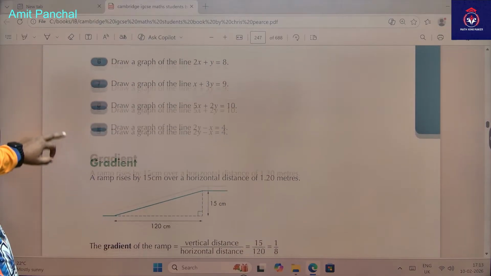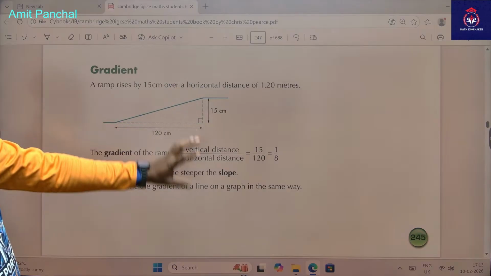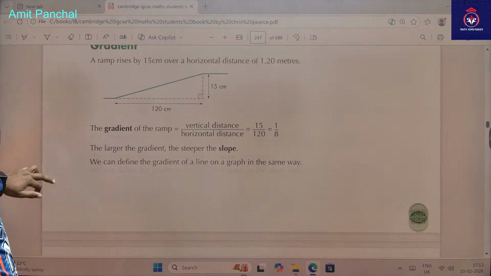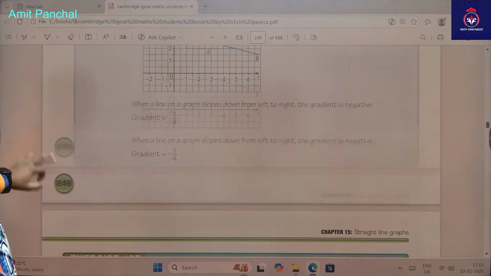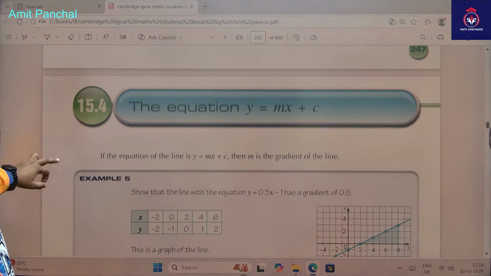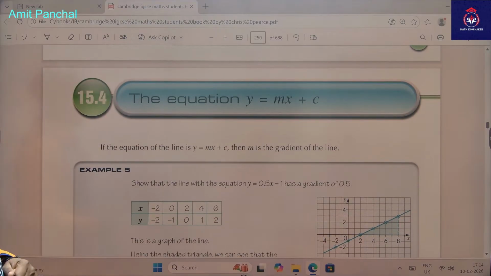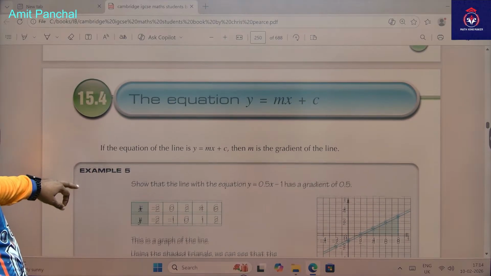You know that. Okay. This one gradient. I know that, sir. Okay. Gradient is y change divided by x change, and it is also known as slope. Okay.